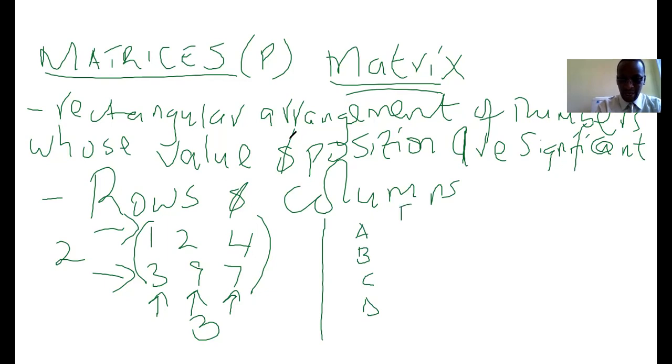So we have games played, then games won, then games drawn, then games lost, then maybe the points. In this arrangement, the horizontal, the row, is the team. Then for the vertical, it is the outcome out of the games.